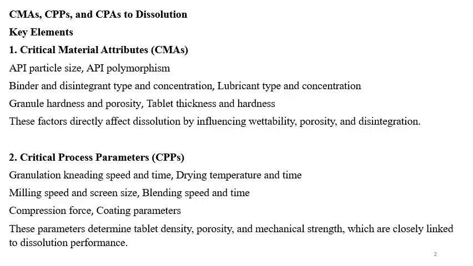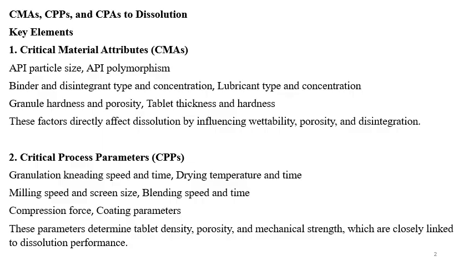Critical material attributes. These are the attributes of the material which directly impact the dissolution and the drug release. For example, consider the assay and particle size of the drug substance. Assay is not much critical because you are going to compensate the assay, but particle size will play a great role in dissolution.